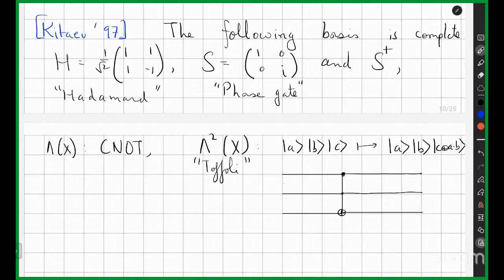If instead of the i you also put an e to the power i pi by 4 there, then you can get Toffoli also out of it. The reason to keep Toffoli here is, firstly, it looks simpler, as there are no complex numbers in it. The other thing is that it's also complete.